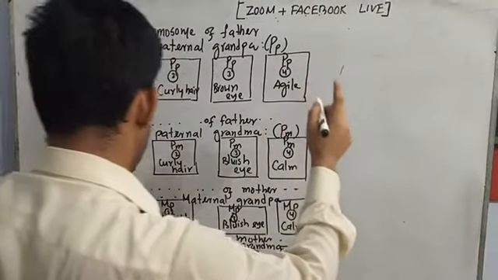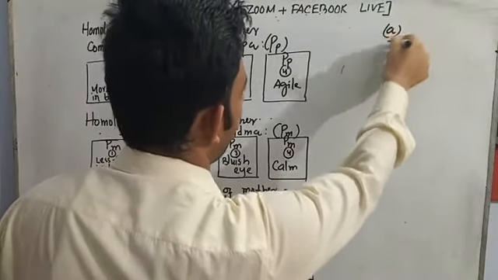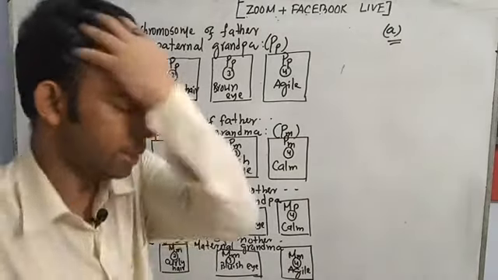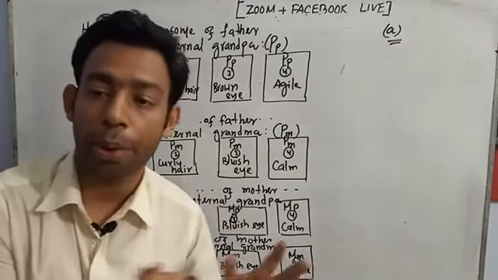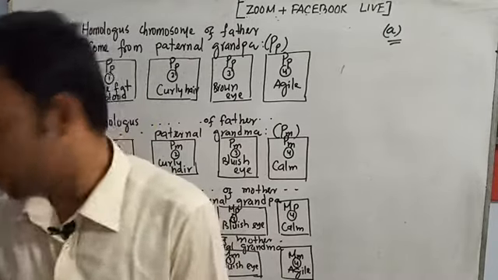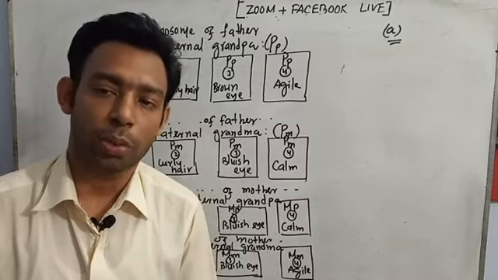I just draw a round, suppose for answer A. At first it is needed to clearly understand the question, what it is asking for, what instruction is given here, and which way we will go through it.